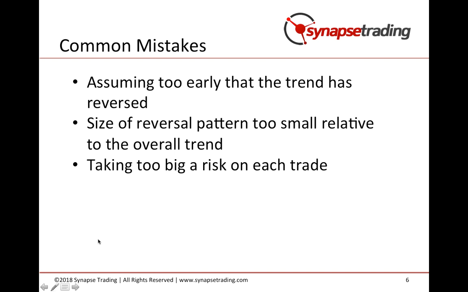So if you are trying to look for reversals at the early stage of a trend, when the trend has just started, chances are you will be finding false reversals. It will just be fake patterns, because a trend only reverses when it has gone on for sufficiently long, when the whole trend has played out.